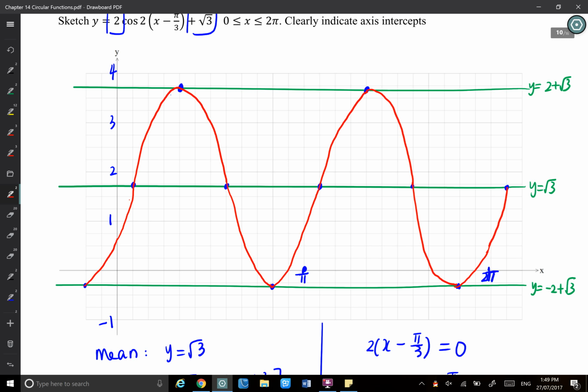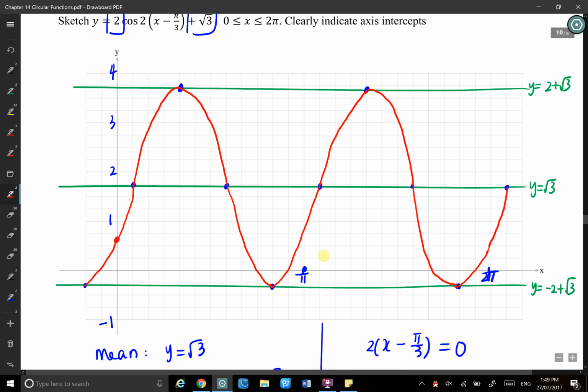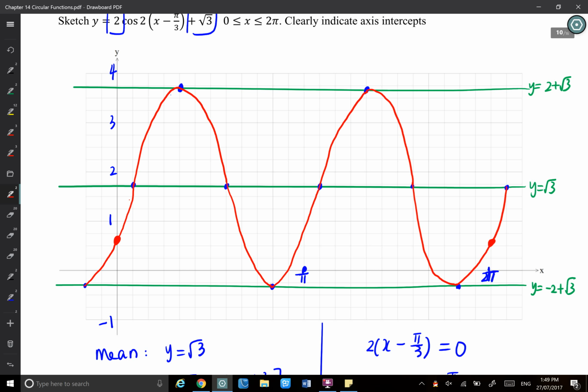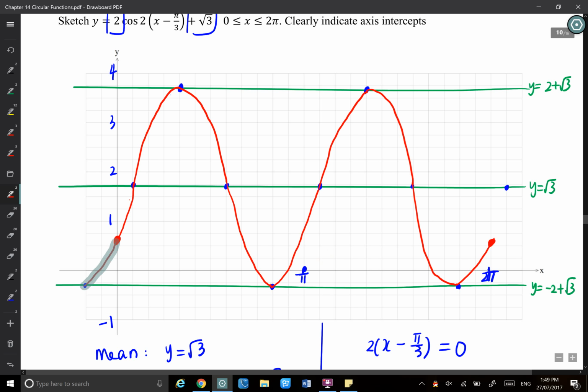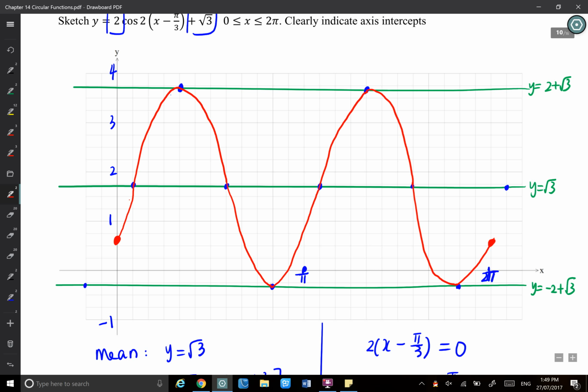Can you see I should have an endpoint here and an endpoint somewhere here. I should have an endpoint here because 2 pi and 0 are my endpoints. So I'll use my rubber to clear those two parts. That will be my complete graph.